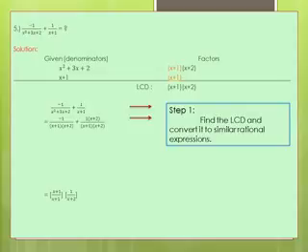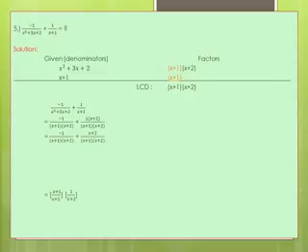So, negative 1 times 1, plus x plus 1 times x plus 2 divided by x plus 1, it becomes x plus 2, and the numerator is 1. So, we use the distributive property. Negative 1 over x plus 1 times x plus 2, plus 1 times x plus 2 is x plus 2.